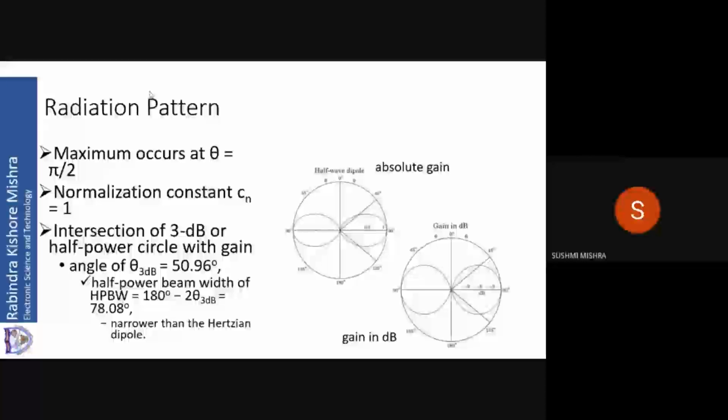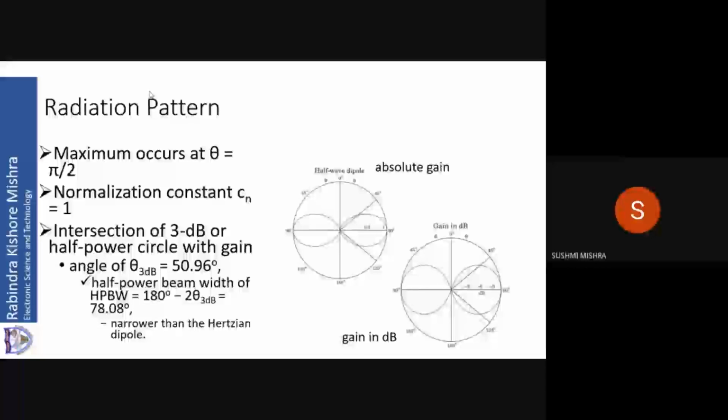Cn will be equal to 1 because of the coefficients associated with the theta and phi variation, whatever the coefficients are, and those coefficients will give rise to Cn equal to 1. So normalization constant Cn is equal to 1. You can simply find it.